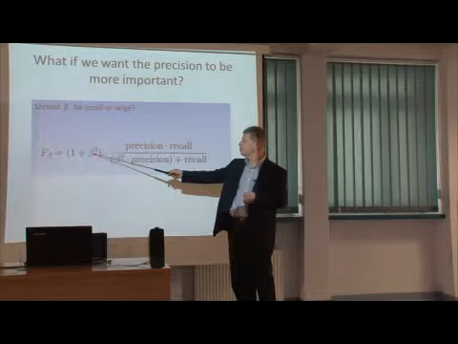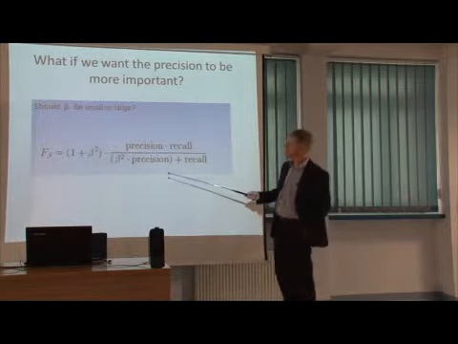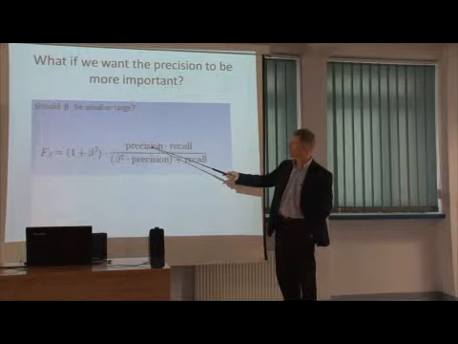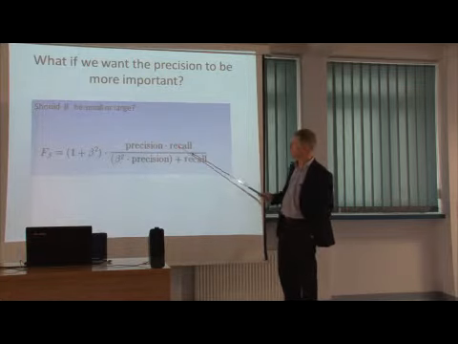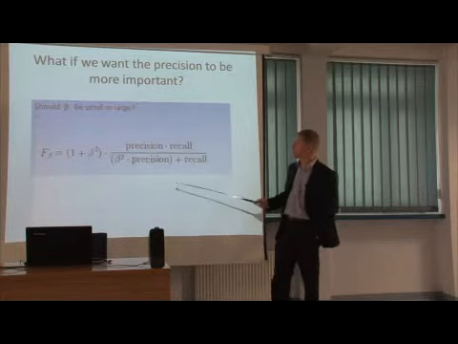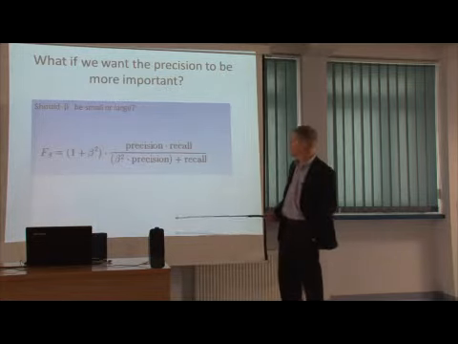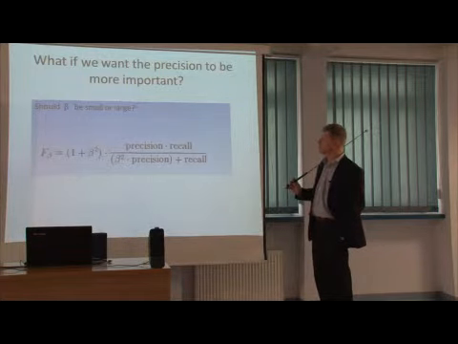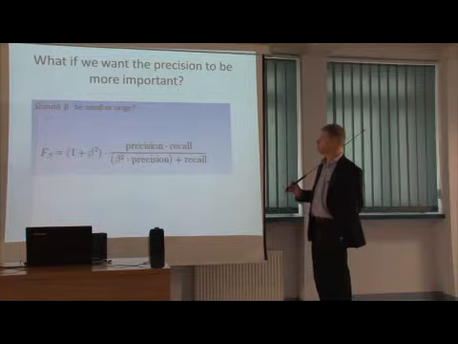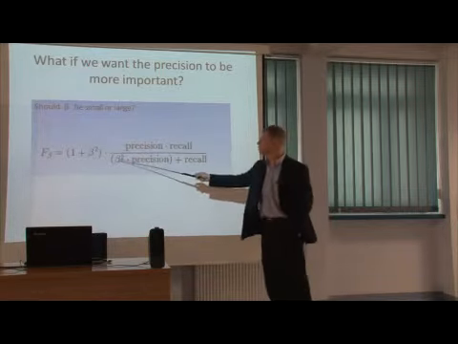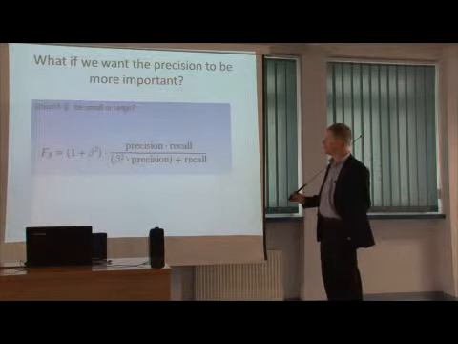If beta is 0, this term is 0, and we have precision times recall divided by recall, so what do we get? Precision. We just get the precision. If beta is 1, what do we get? We get the standard F measure. So if we want to put more emphasis on precision, we probably want to decrease the value of beta.